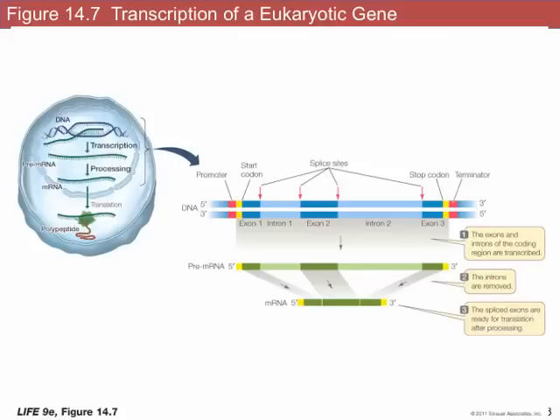It is transcribed into a large RNA. And then from that large RNA, pieces are cut out, and the ends are spliced together of the regions that are not cut out. That's why it's called splicing. And that makes the final product, which is shown here, this final messenger RNA, that is then translated into proteins.